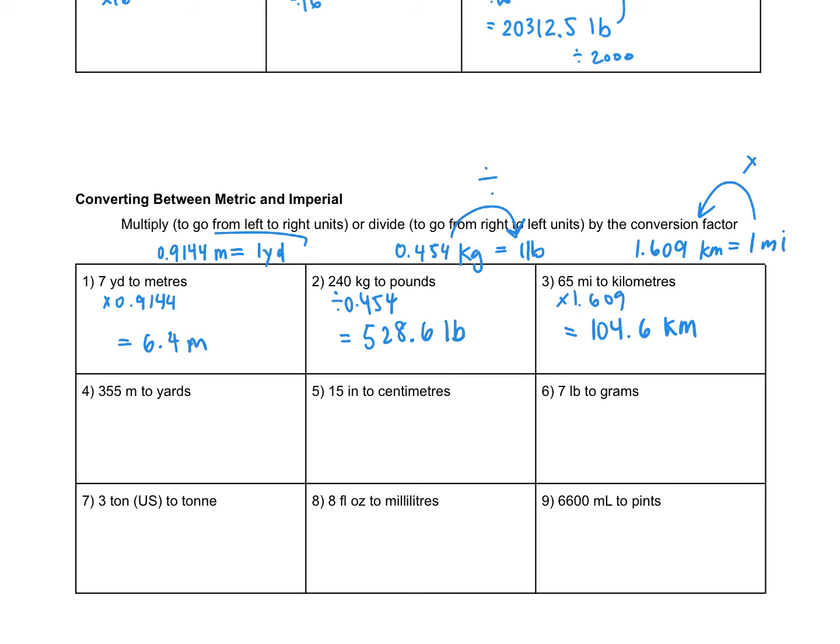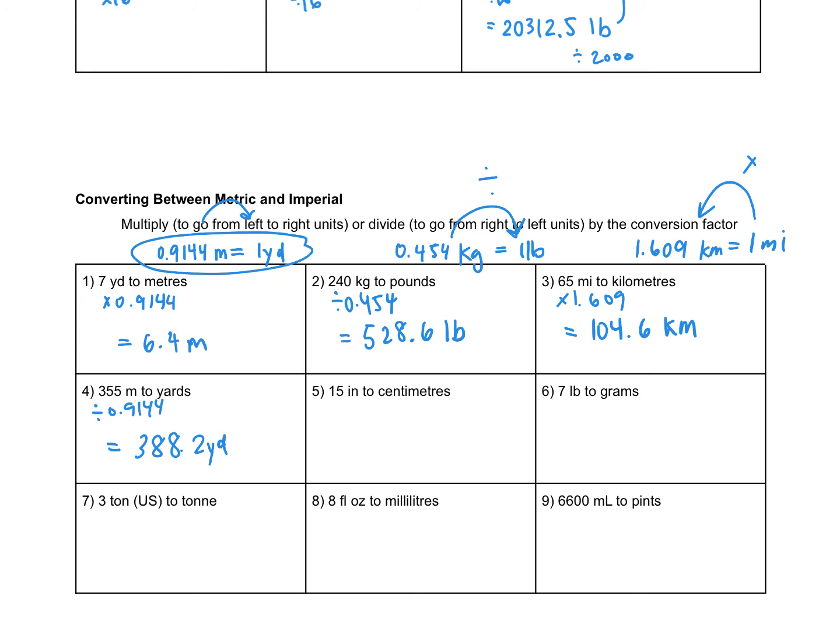Meters to yards, we already have our conversion up here. We're starting with meters this time, so when we go in this direction, we are going to divide because we want to see how many times can we remove 0.9144 from 355. And we get approximately 388.2 yards. Inches to centimeters.